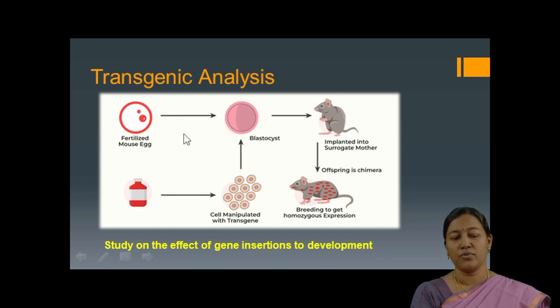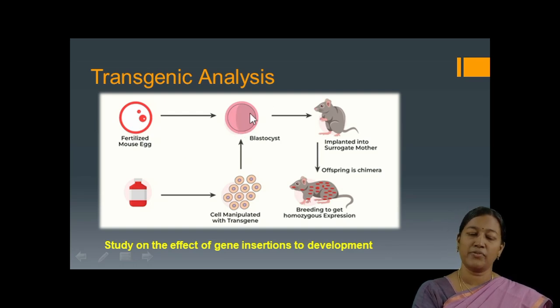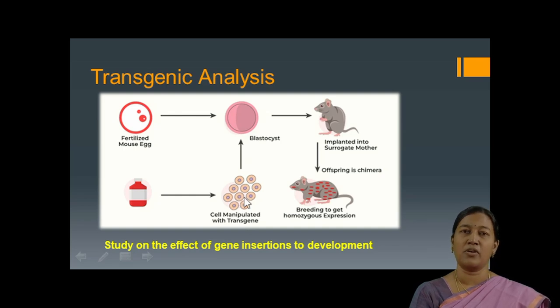So how do we do transgenics? You take the fertilized egg of the mouse. In the blastocyst stage, you take out a few cells and you insert cells which have been manipulated or in which the gene transfer has been done. Once it develops in the blastocyst, it is implanted into a surrogate mother, and once the baby develops, the offspring is said to be a chimera.